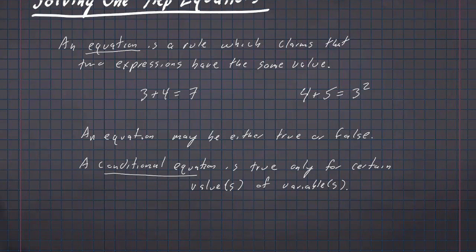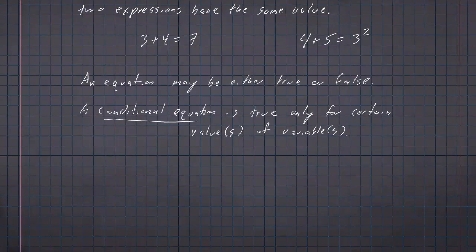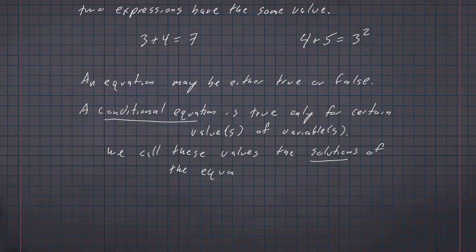There are some equations that are true for 2 or 3 or 4 or any number of different values for the variables. There are equations that have 1, 2, 3, 7, 48, 256 different variables in the equation. We call these values the solutions of the equation.